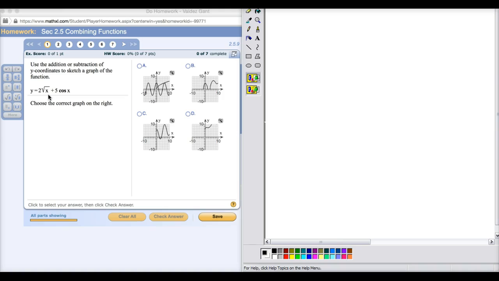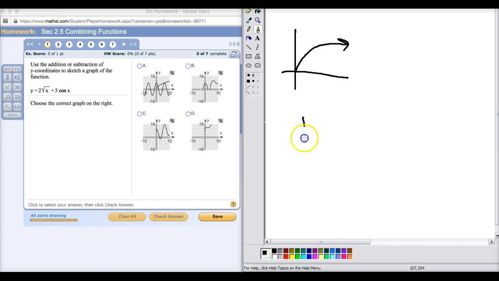So for number one, we see that we have y equals 2 square root of x plus 5 times cosine x. Okay. And so in general, what we know here is that square root of x looks like this. So 2 square root of x would basically look like the same thing, just stretched a little higher.